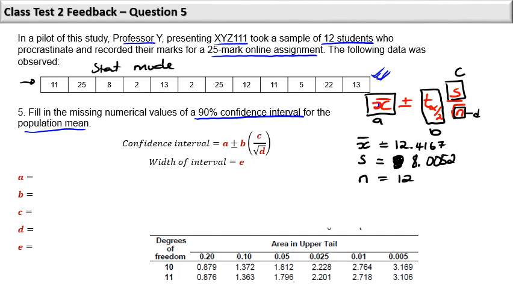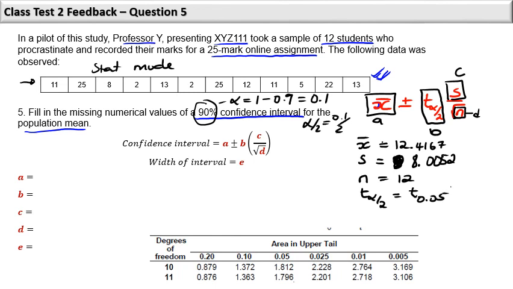Now the only thing that's missing is for us to find t alpha over 2. And how do we find t alpha over 2? The first thing we will need is alpha. What is alpha? If we are calculating the 90% confidence interval, that means our alpha will be 1 minus the confidence level of 0.9, which is 0.1. So alpha over 2 will be 0.1 divided by 2. So in short, you are looking for t of 0.05.